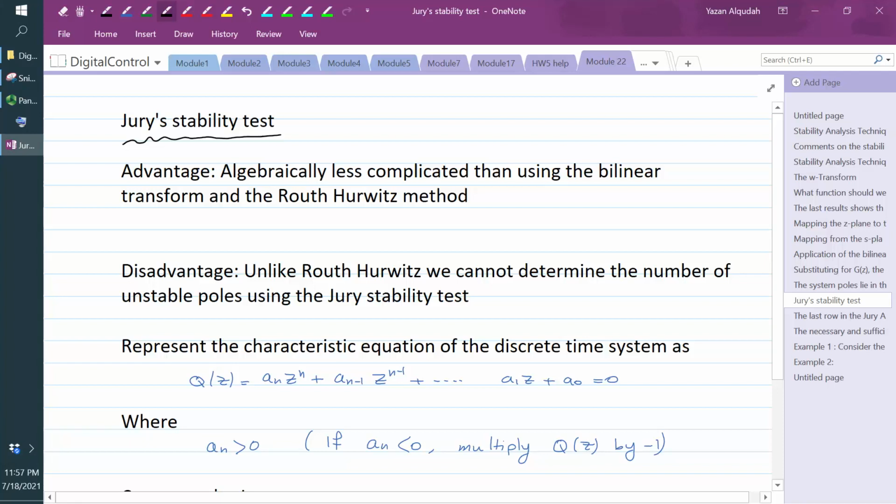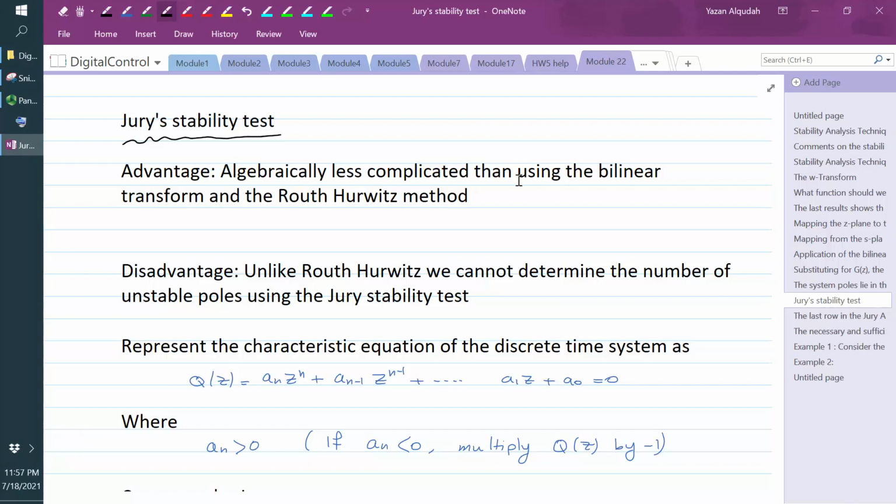The disadvantage, unlike the Routh-Hurwitz that can tell me the number of unstable poles, is that the Jury test does not. It will only tell me whether the system is stable or not without telling me how many unstable poles I might have. Okay, so how does this Jury test work?